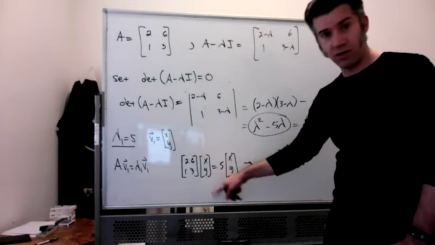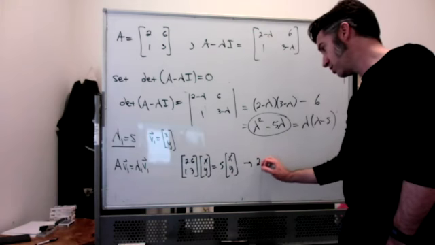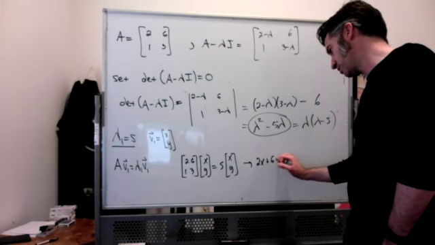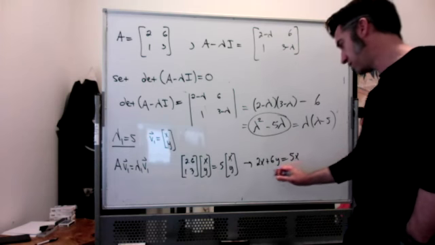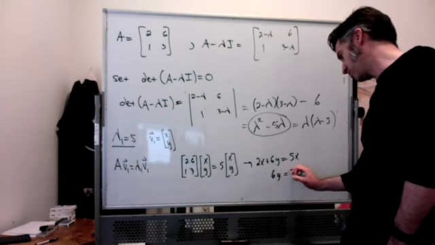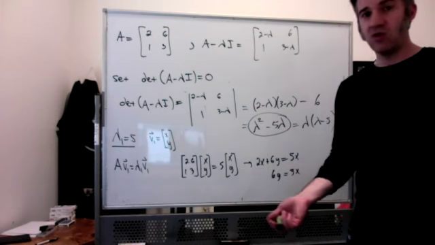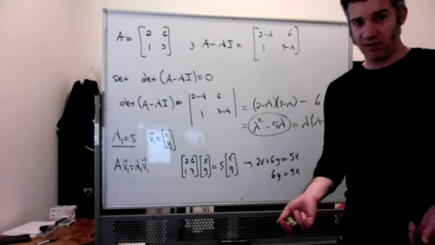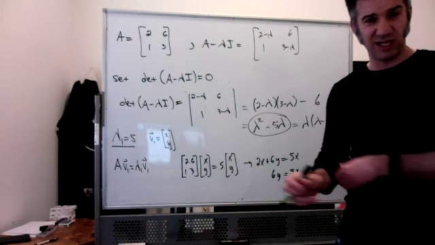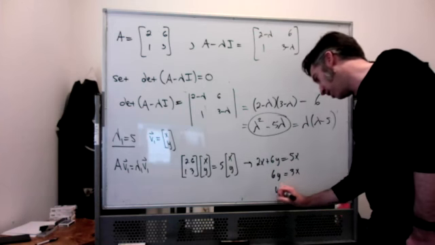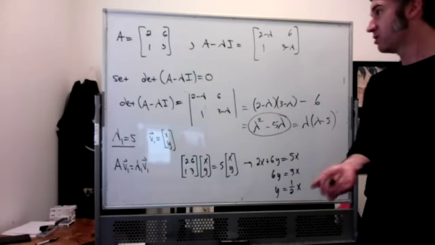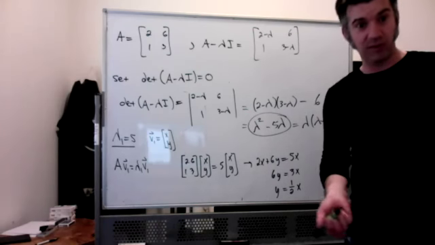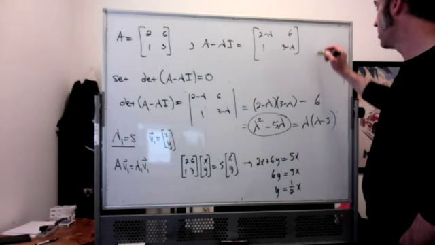Use the first row dotted with the first column: 2x plus 6y equals 5x. Subtract 2x, 6y equals 3x. Usually I don't divide by the coefficient of y, but I think that's what she wants you to do, so you can see the line. So I'm going to have y equal to 1/2 x. So the eigenline would be the line y equal to 1/2 x.